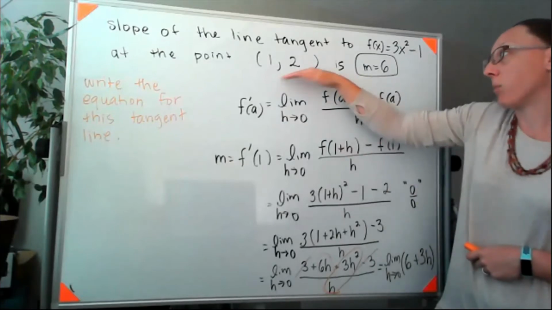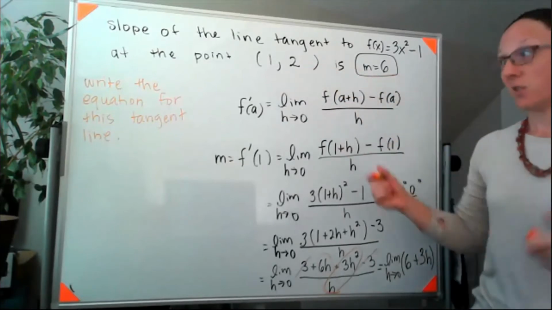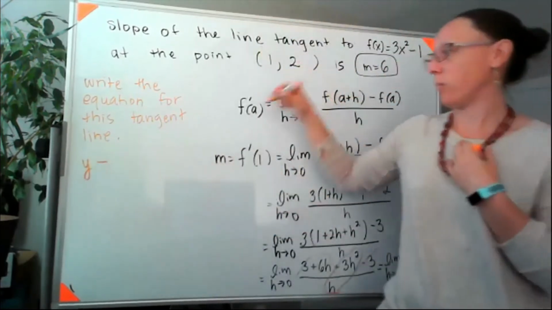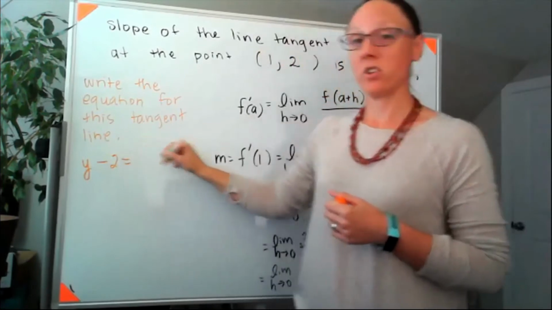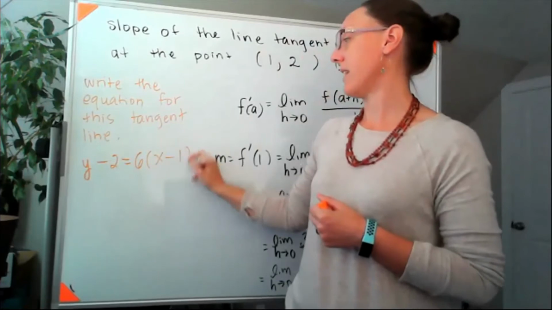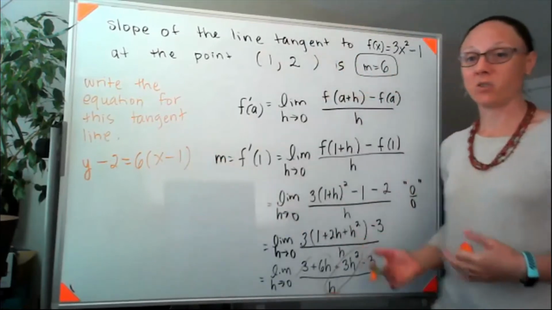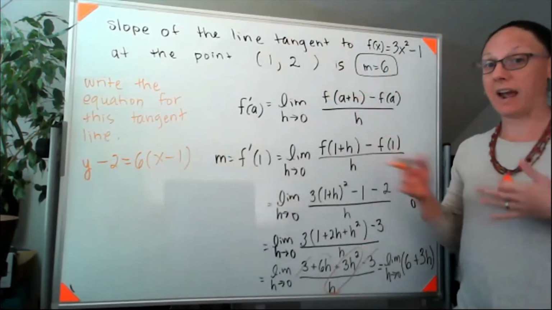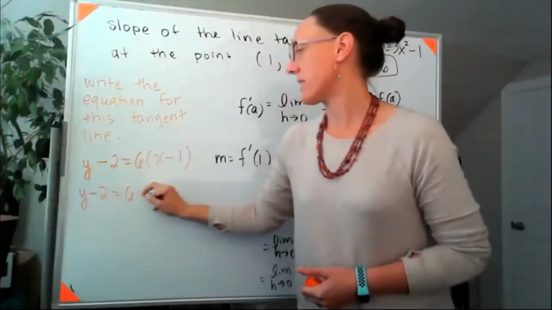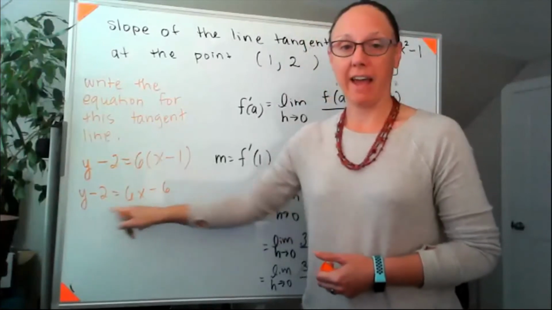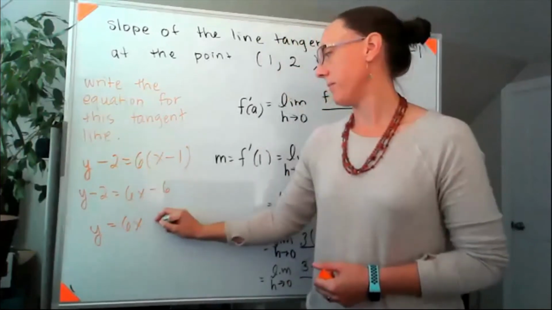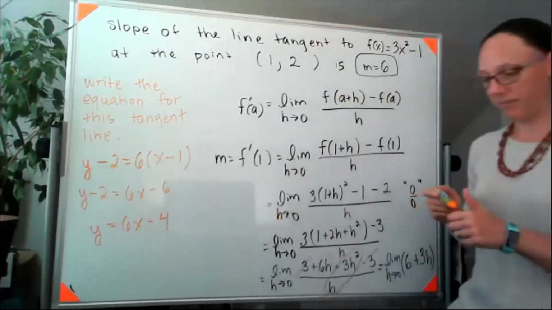So in this case, I've got a point and I've got a slope. So I'm going to use y minus y1 is equal to m, which was 6, times x minus x1. And then if we want that to look like y equals mx plus b, we can absolutely distribute things out. So I'd have y minus 2 is equal to 6x minus 6. And if I add 2 to both sides, I've got y is equal to 6x minus 4.